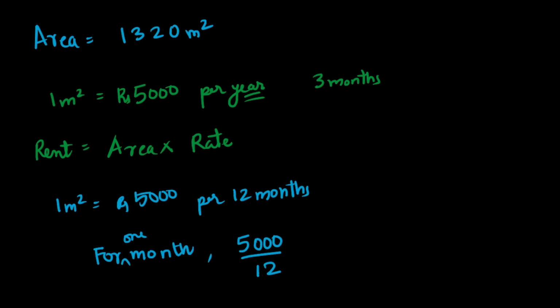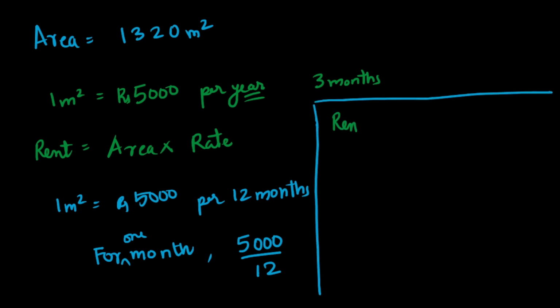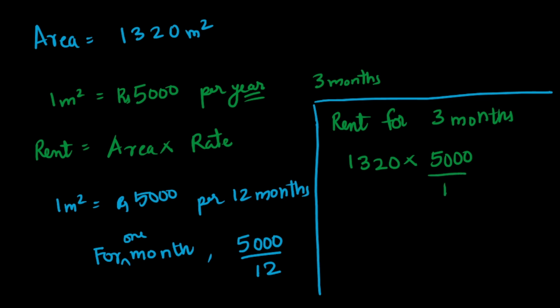So coming to the point, for finding out the rent for 3 months, that is the area that you got, 1320 into the rate. Rate for 1 month you are writing 5000 divided by 12.